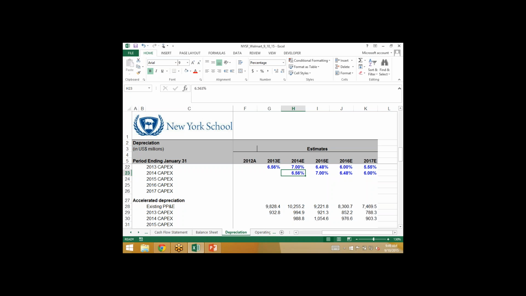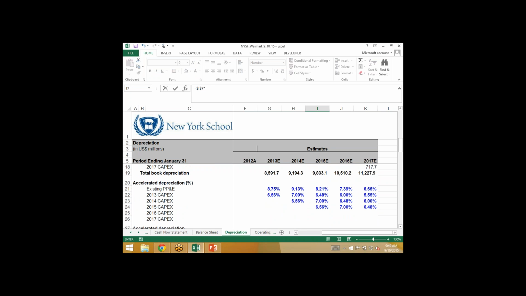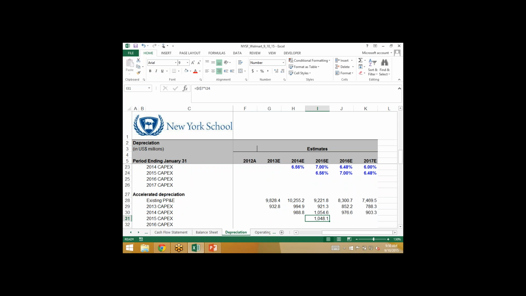Okay. Next, do the same thing, but shift everything over 1 more year. We're starting in 2015. We're going to take the 2015 Capex, anchor that, times the 2015 percentage, copy to the right.